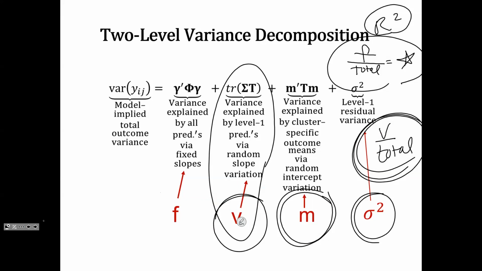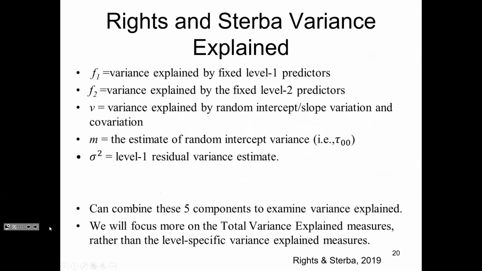So probably these are two of the ones that we're going to, hold on, let me keep going. Then they say, you know what? We could actually break out the F into the variance that's explained by the fixed level 1 predictors and the variance that's explained by the fixed level 2 predictors, right?